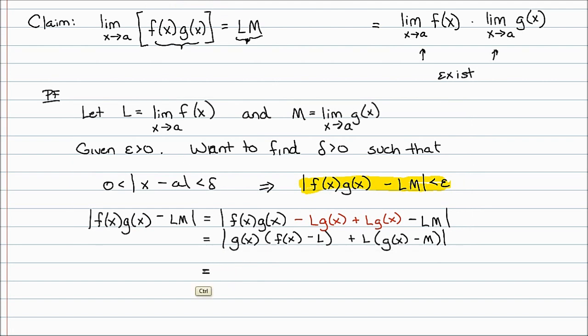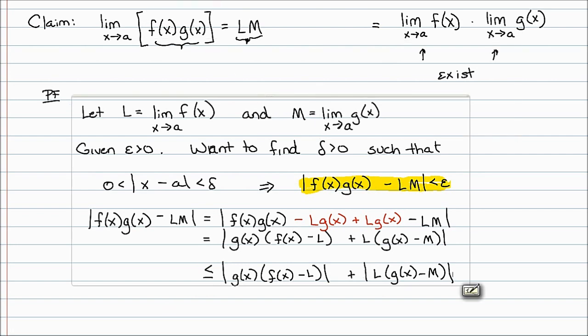So this is not equal to, I keep doing silly things like that, it's less than or equal to the absolute value of g of x times f of x minus L plus the absolute value of L times g of x minus capital M. All I've done is add and subtract the term here, group, and then use a triangle identity that I introduced in the beginning of this video to split that group.